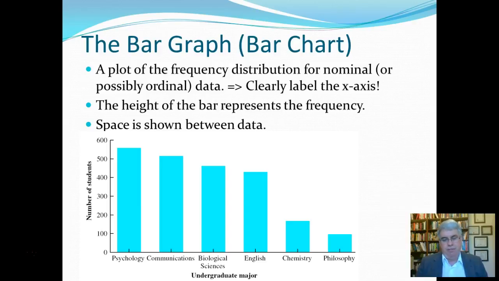And because we've got this nominal data, these categories, we've got to be really clear on the x-axis down here to indicate what these categories are. So we've got the categories down here, and then the height of the bar represents the frequency, how many there are in each category. And then we've got space in between each bar.